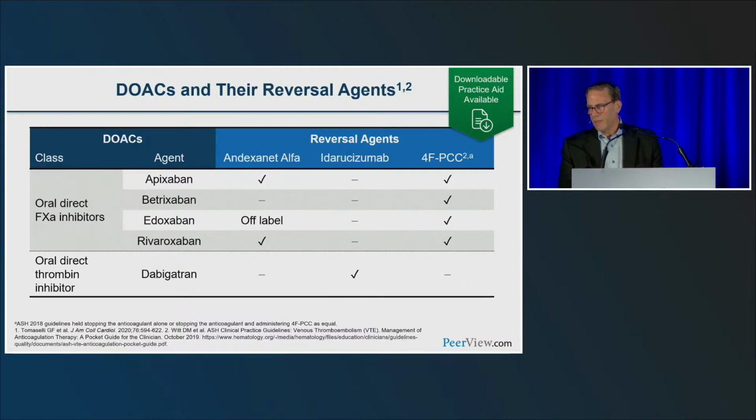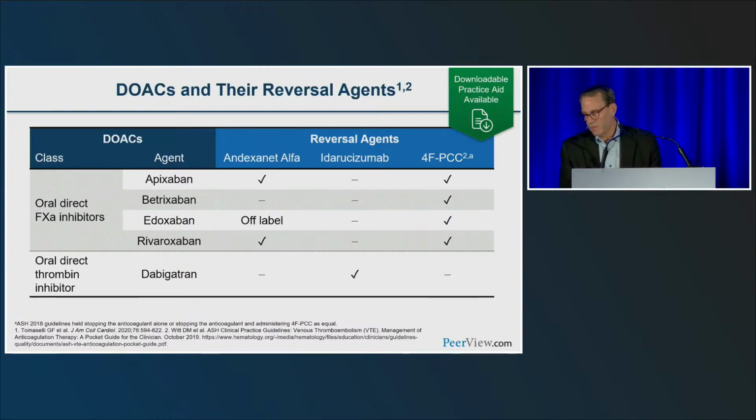Now, the current label for Andexanet, based on the ANNEXA-4 trial, only covers apixaban and rivaroxaban, but there is edoxaban data, and using Andexanet may technically be off-label for edoxaban or even betrixaban if you happen to catch one of those patients, but the mechanisms are the same, and the data is pretty robust for edoxaban anyway.